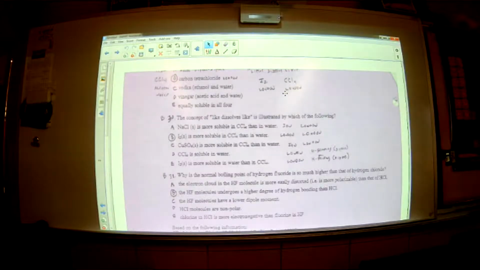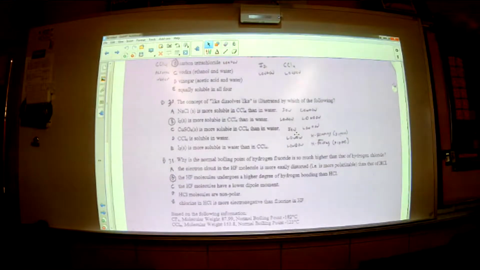CCl4 is also London. Carbon starts with 4 chlorines, leaving it no lone pairs. Likes dissolve likes. London dissolves London. Polar dissolves polar. Polar can also dissolve ionic. Same thing with 30. Iodine is more soluble in carbon tetrachloride than water would be. Why? Water's polar. Hydrogen bonding.